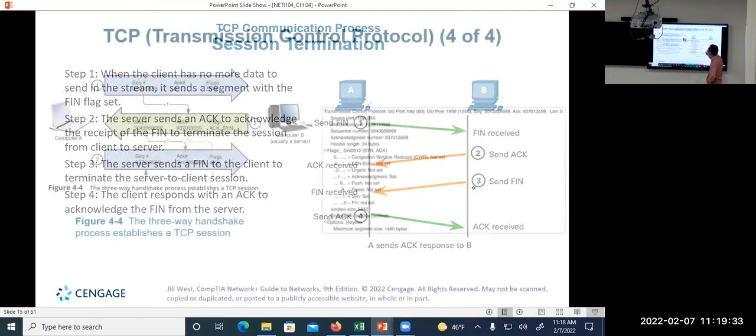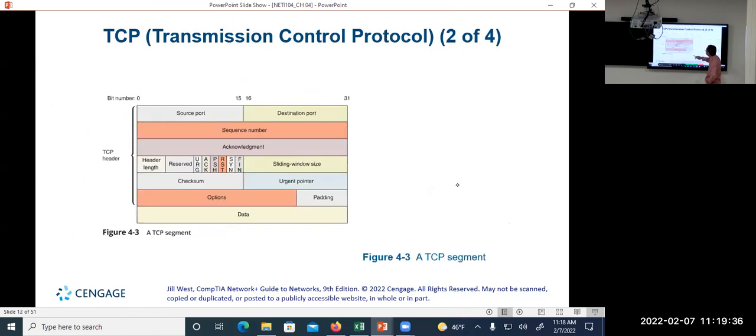But for the encapsulation of UDP, you don't have anything with the sequence number, you don't have anything with acknowledgement, and no sliding window. That's why in UDP you have a tiny amount of header. That's why it's more efficient when you transmit data, because in the trade-off, you lose everything about reliability. Right? So that is UDP.